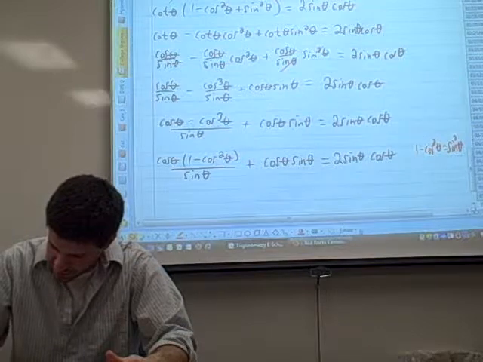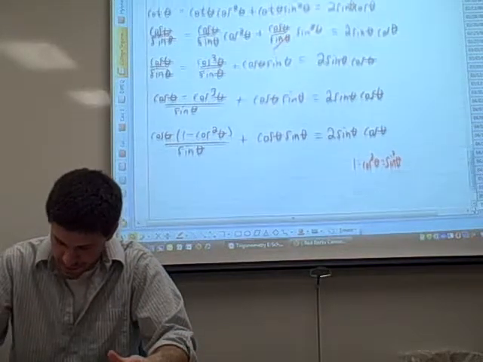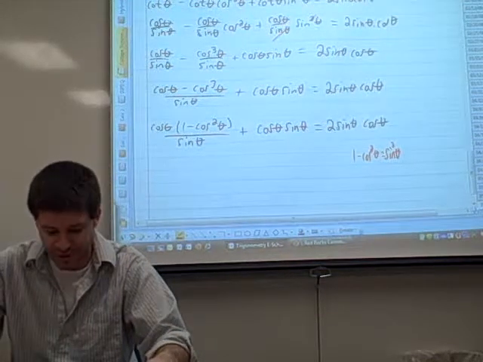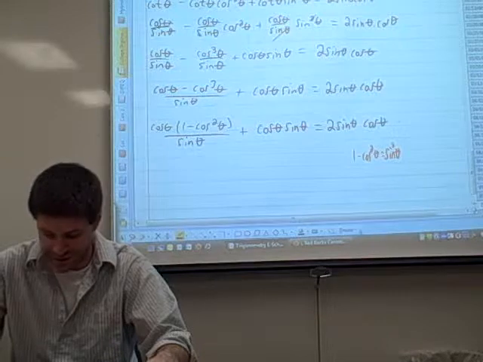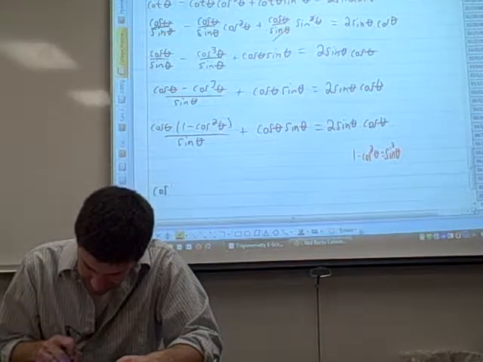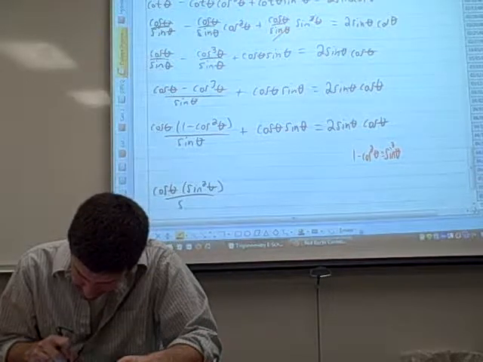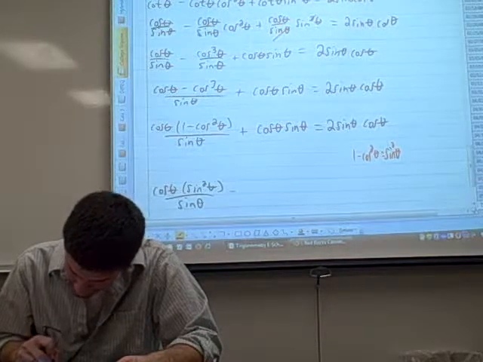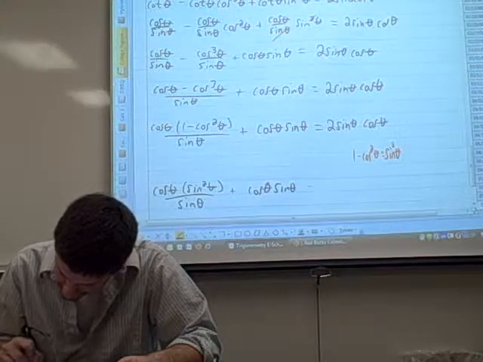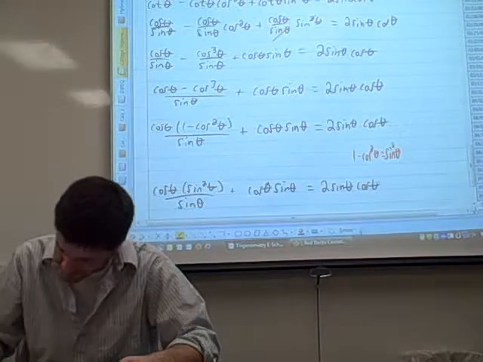Move that over. So you know that 1 minus cosine squared theta equals sine squared theta. So we can plug that in at this point, and you'll get cosine theta times sine squared theta over sine theta plus cosine theta sine theta equals 2 sine theta cosine theta.